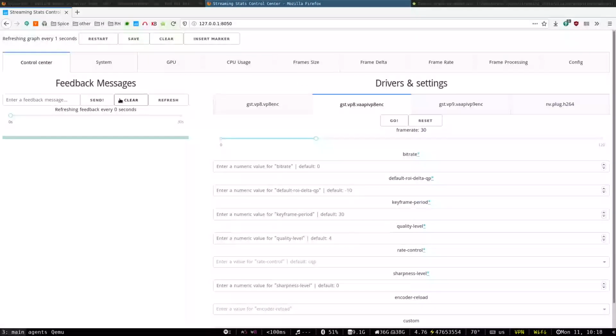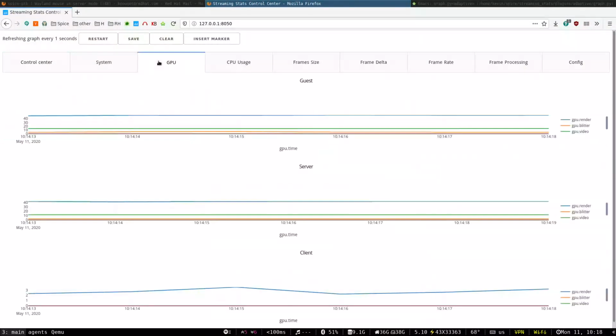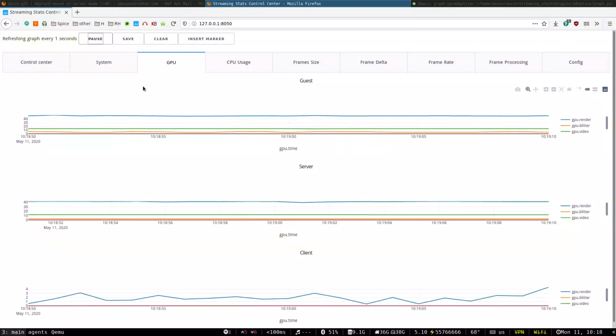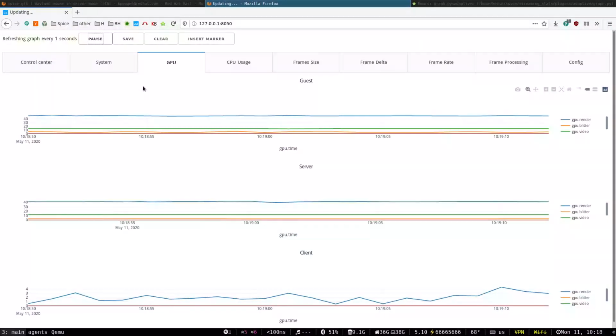So we have a control center where we can specify the video encoder and different settings. If I clear everything, I apply the framerate 30 with the default bitrate, and I can switch to the different tabs, and we see the performance usage in real time.